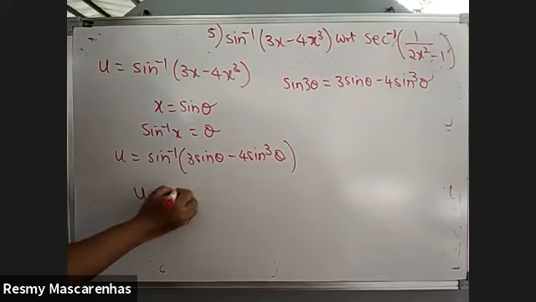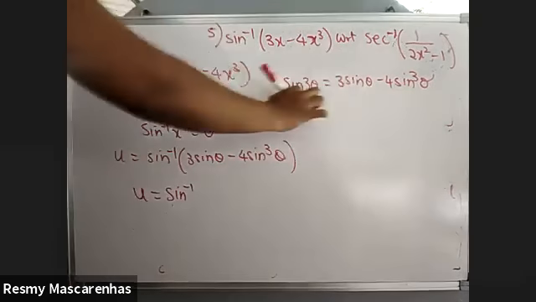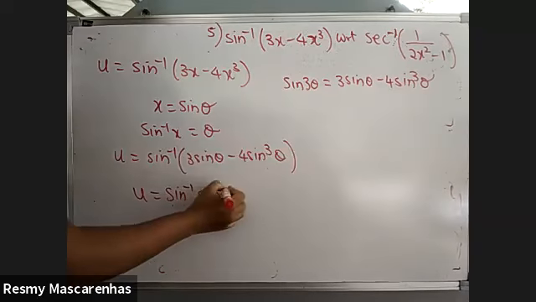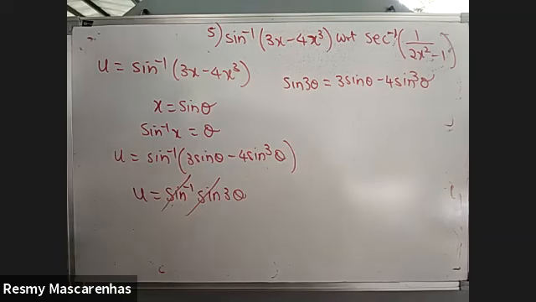U will be sine inverse of sine 3 theta. Sine inverse and sine will cancel. What will remain is 3 theta.